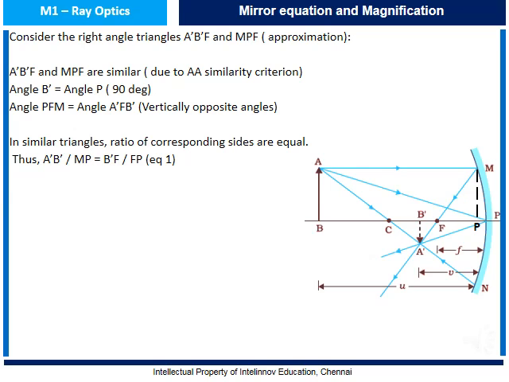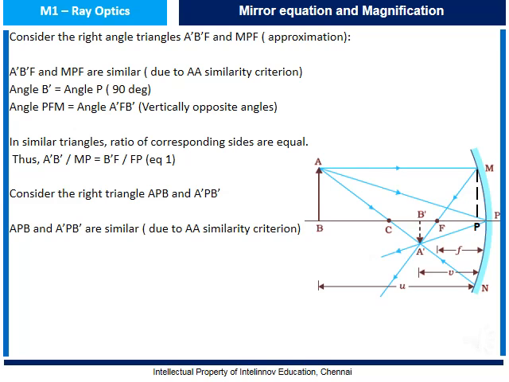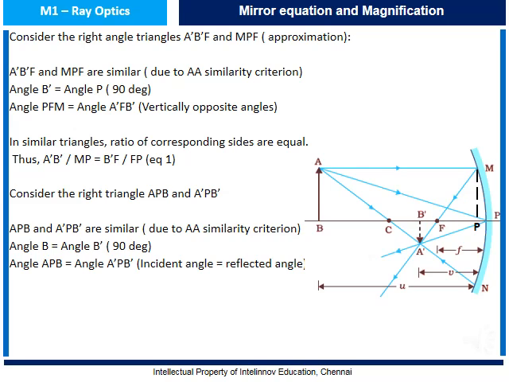Now consider the right triangles APB and A dash P B dash. Here APB and A dash P B dash are similar. This is again due to AA similarity criterion. How is it similar? Because angle B is equal to angle B dash, because it is 90 degree, and angle APB equals angle A dash P B dash, because incident angle equals reflected angle.